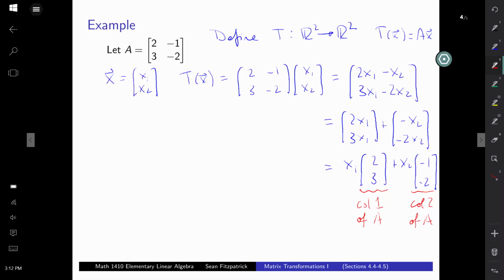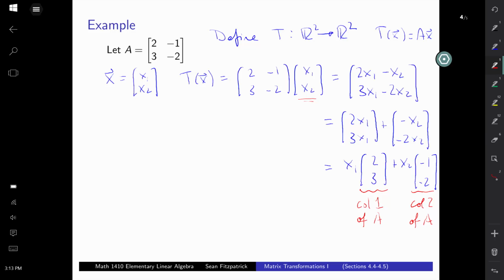This is a general pattern that we're going to see. We talked about this when we talked about matrix multiplication, this matrix times column product. We said there are two ways you can do that. You can use the row times column rule that we always use when we multiply matrices, but when you're dealing with a matrix times a column, you can also think of that product as forming a linear combination of the columns of your matrix A, where the coefficients in that linear combination are the entries in this column vector, and we see that in this case.